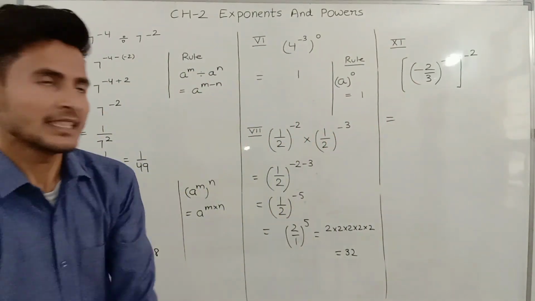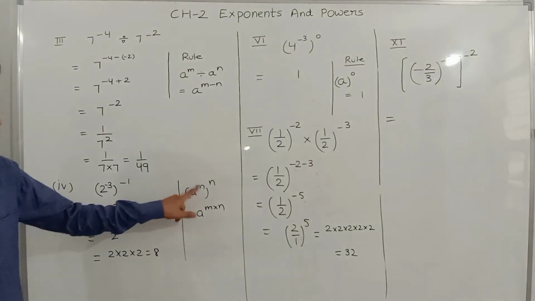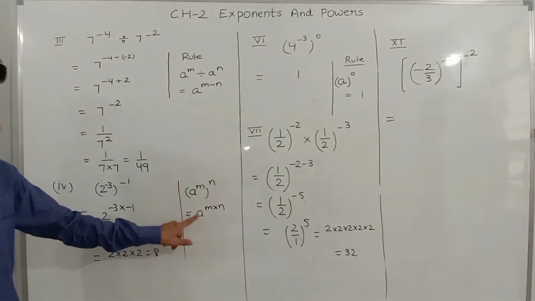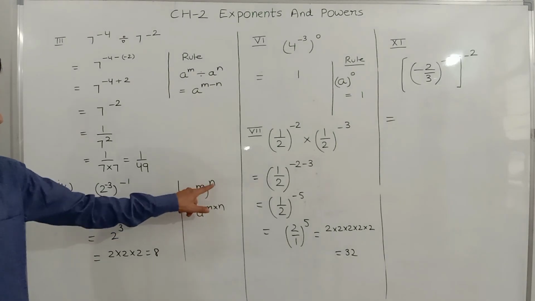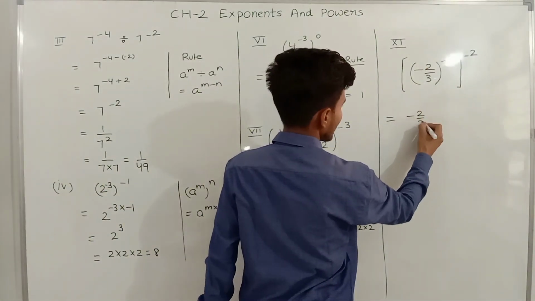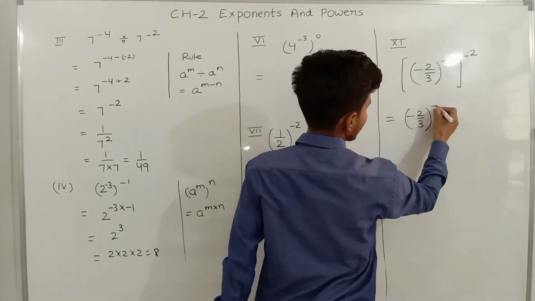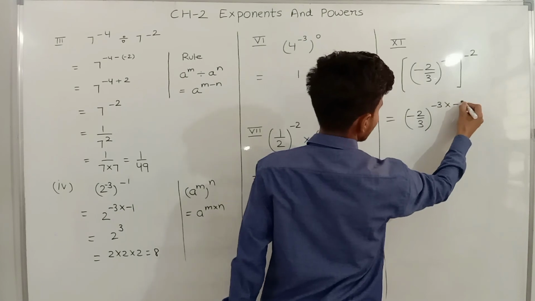Can you solve it? Easy only. Which formula we have to apply? This one: a power m whole power n equals a power m into n, means powers we have to multiply. Same way here, minus 2 upon 3 power minus 3 into minus 2, minus 3 multiplied by minus 2.